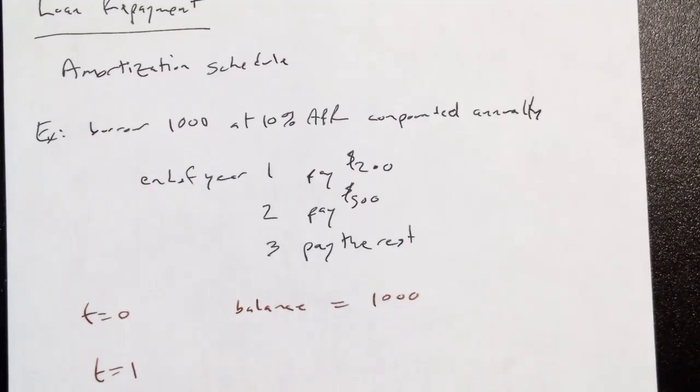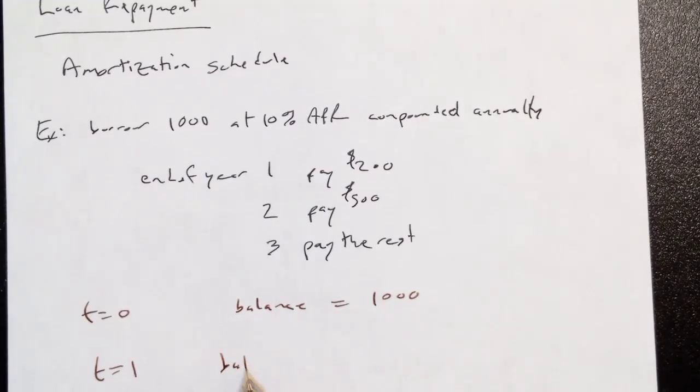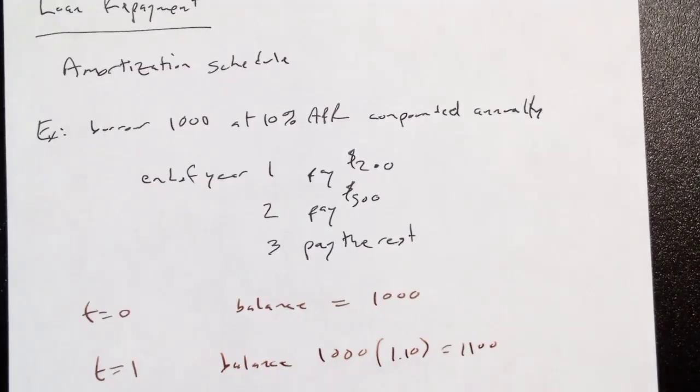So I think of my balance now as $1,100 because I charge you the interest for the $1,000 you borrowed for a year, and then you make a payment.